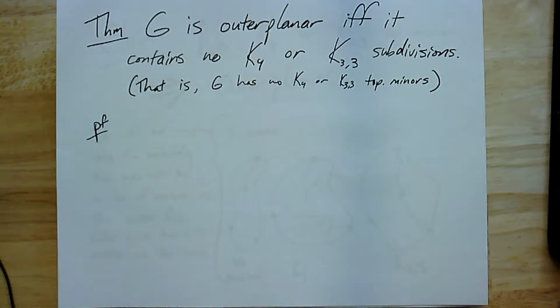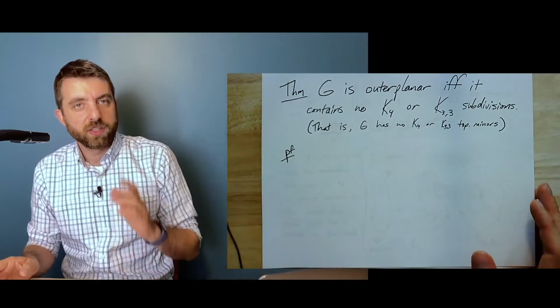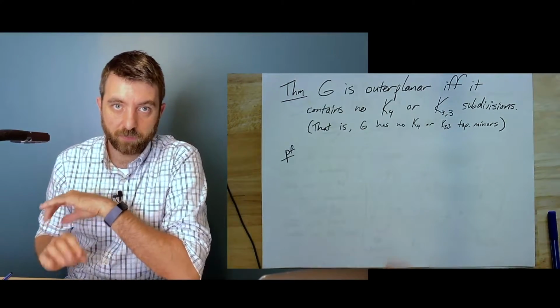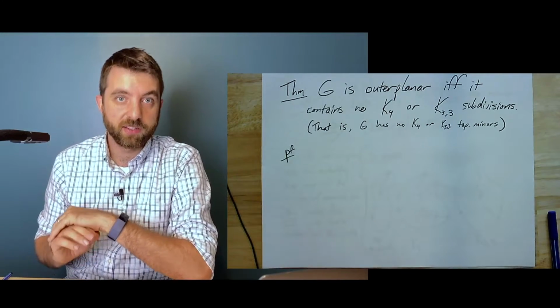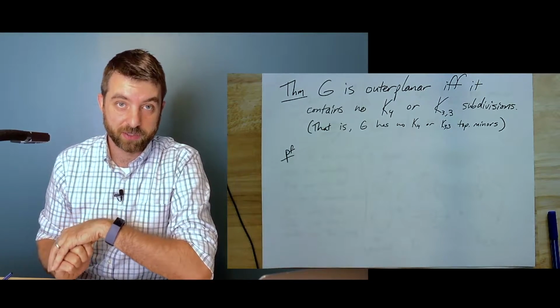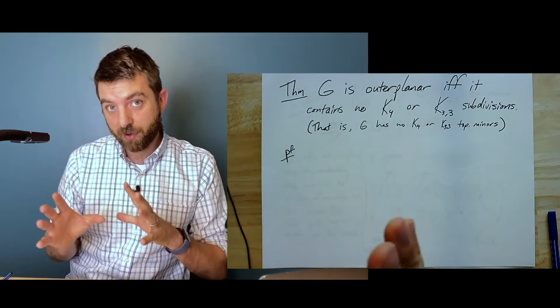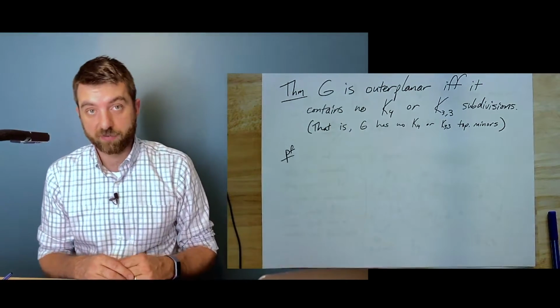All right, so now, in fact, we're ready to show this stronger statement, which is that a graph is outer planar if and only if it has no K4 or K2,3 topological minors. Again, that's equivalent to saying that there's no subgraph that's a subdivision of K2,3 or K4.